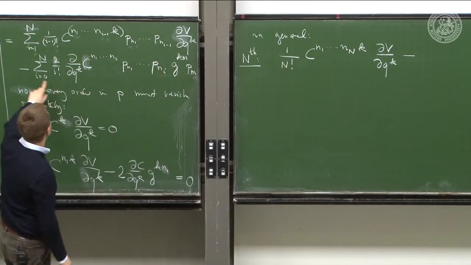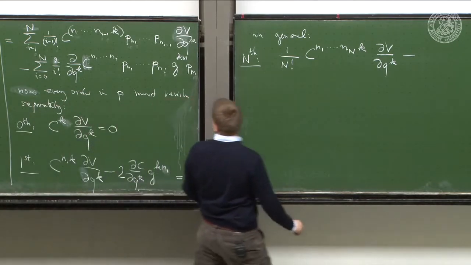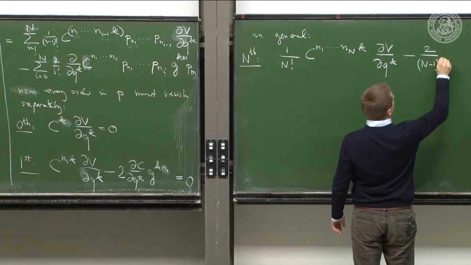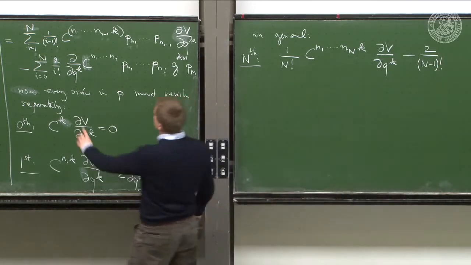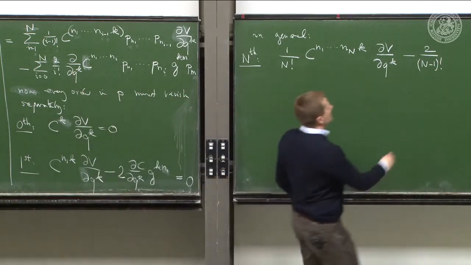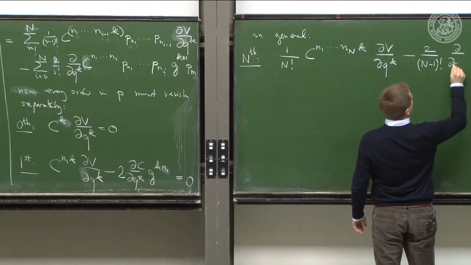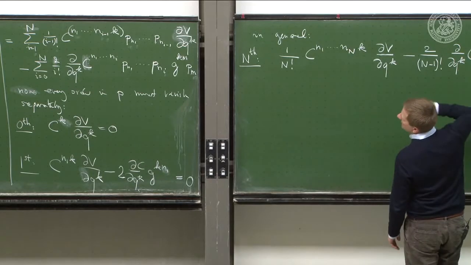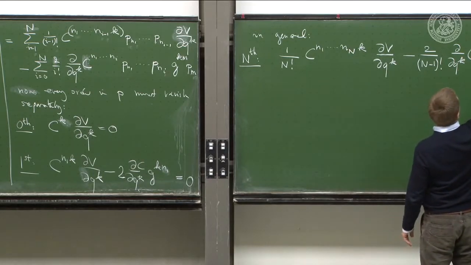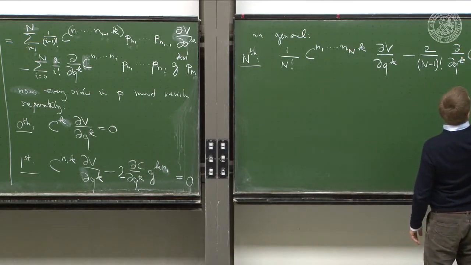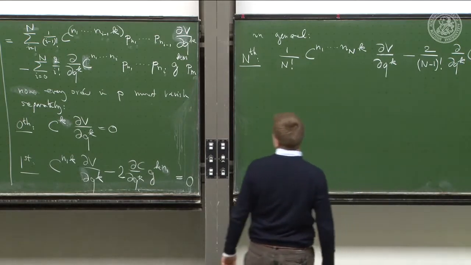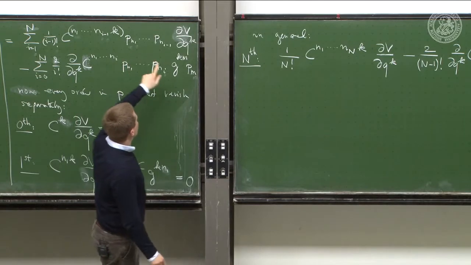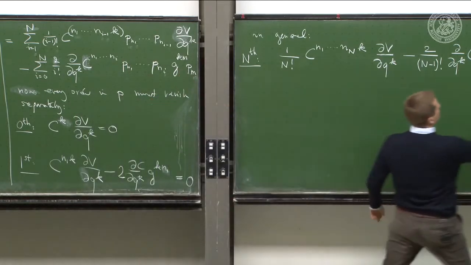So I get 2 by n minus 1 factorial, d by dq_k of the C from n1 up to n minus 1, g_km.